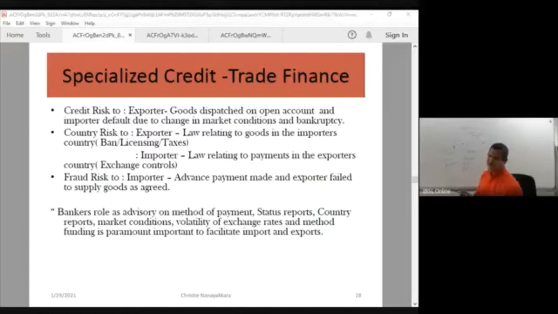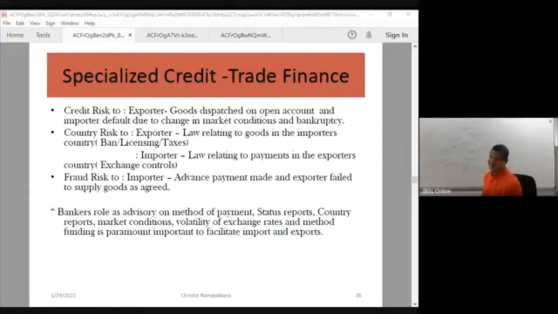You need to have a good trade agreement between A and C in order to perform this sort of transaction, because A can clear the goods. After that only he will decide whether I am going to pay or not. So when you do open account exports, you are at the mercy of the buyer.